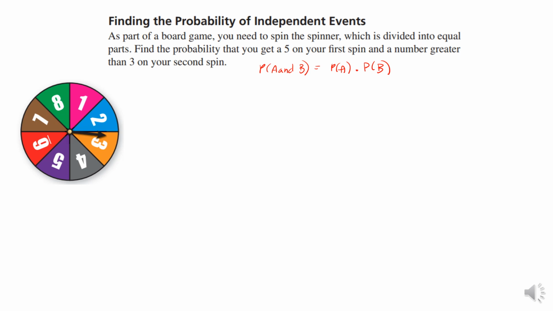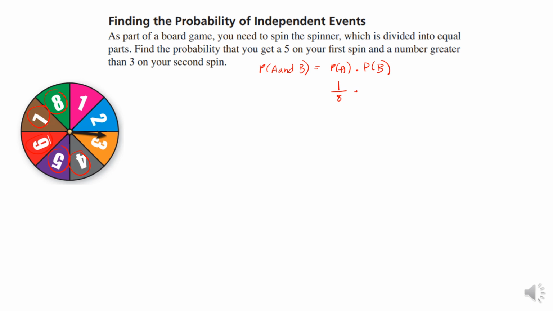So we can use this formula. We're going to go the probability of A, so that is 5, and there are 8 outcomes, and there is 1 5. So that's 1/8. Okay? And then we can find the probability of greater than 3. So B is greater than 3, and there are 1, 2, 3, 4, 5.